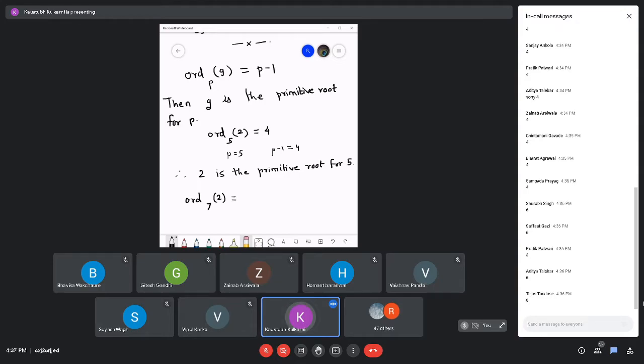Three is the correct answer. We want the smallest one. 2 raised to 3 is 8. 8 divided by 7, remainder is 1. So 3 is the power.